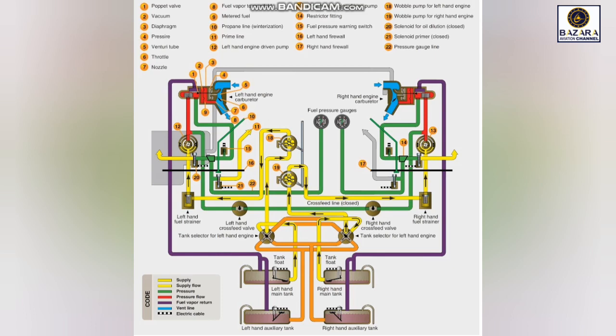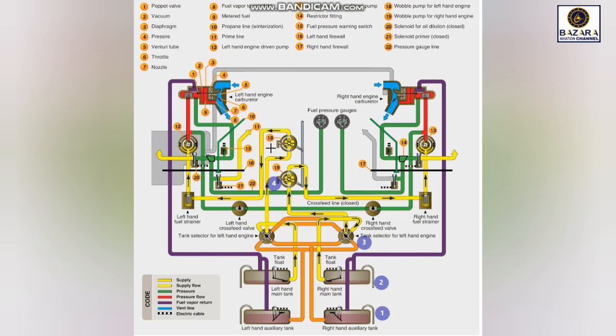The system consists of two tanks on each wing. The first one is the main tank, and the second one is the auxiliary tank. After that we have a selector valve. After the selector valve we have, at number 19, the wobble pump.